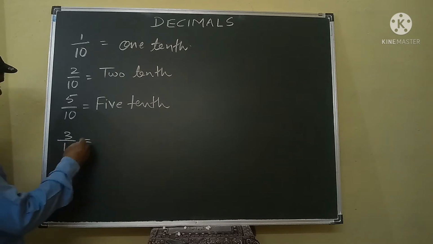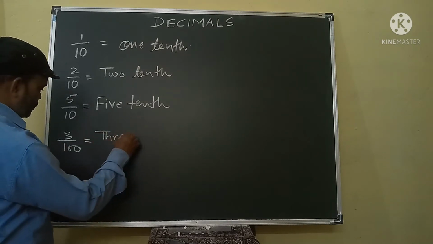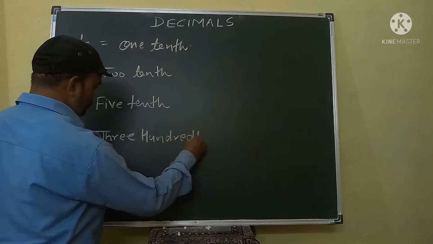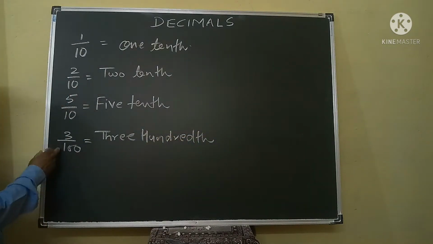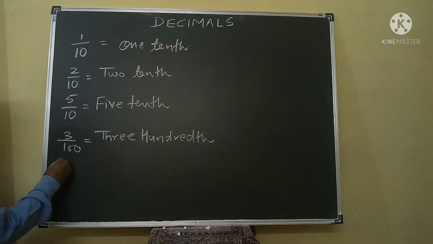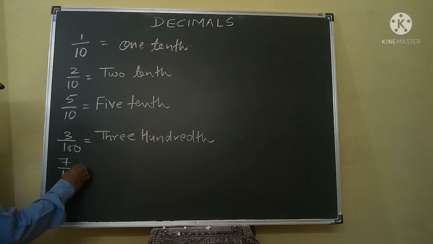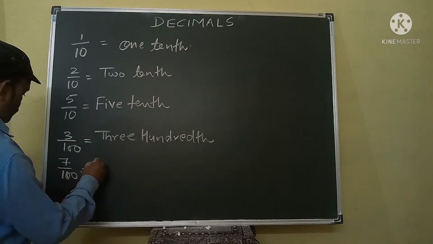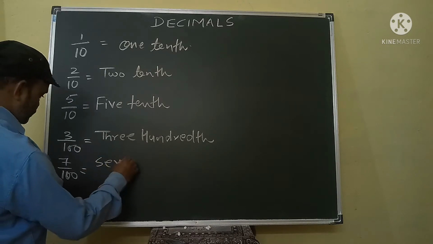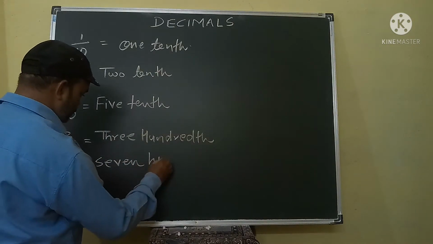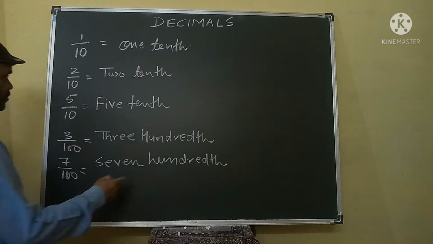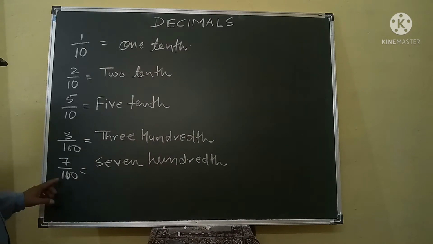This number we can read as 3 hundredths. Suppose this is 7 upon 100. So we can read this number 7 hundredths.